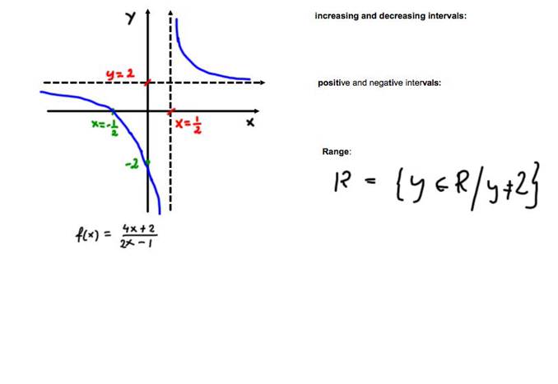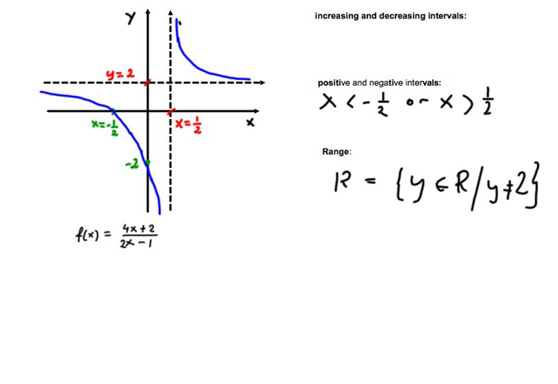Positive and negative intervals. So this is, in other words, when the graph is above the x-axis or below the x-axis. So from negative 1 over 2 onwards to the left, so x is less than negative 1 over 2, or x is greater than 1 over 2. So this is this part of the graph, the one above the x-axis.